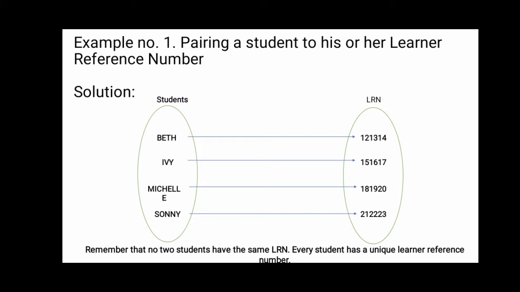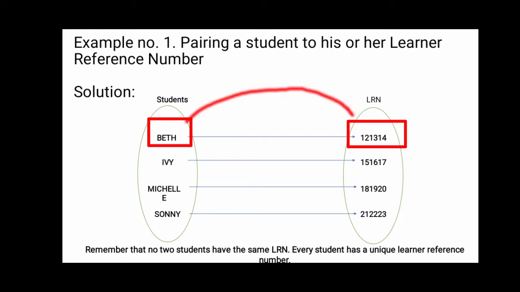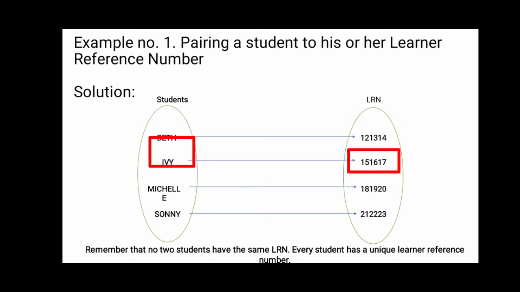Let's have an example. Example number 1, we are going to pair a student to his or her learner reference number. I have here the solution. I made an illustration on students and their LRN, or the learner reference number. In the given, as you can see, there is a one-to-one relation, meaning student Beth has a unique LRN. For student Ivy, another unique LRN.